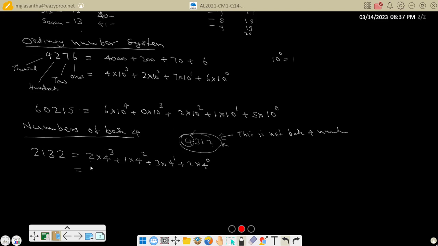You can say actual value or ordinary value or decimal value. So what is 4 to the power of 3? 64, no? 4 squared is 16. 4 to the power of 0 is 1.